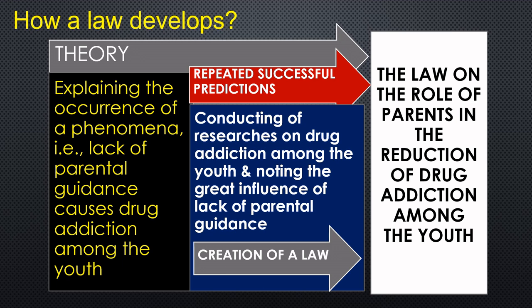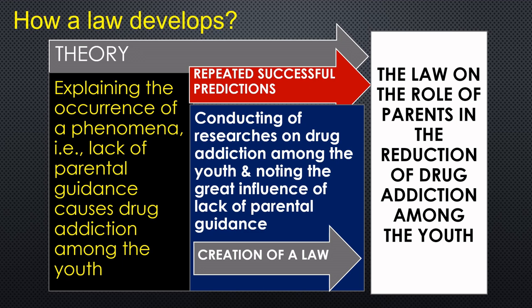So how to develop now a law? Now you are going to conduct a series of research in your city, in your place, in your barangay, in other provinces, all over the country, and perhaps you try to collect that with the study of other people in other countries.